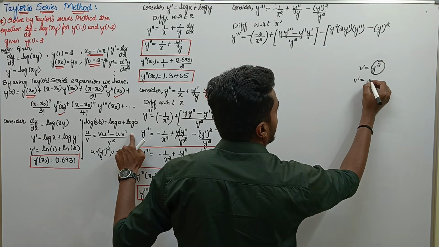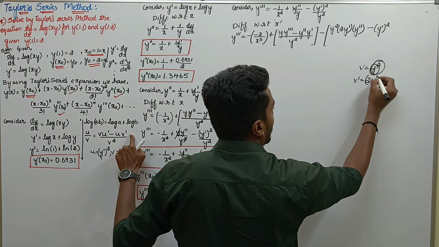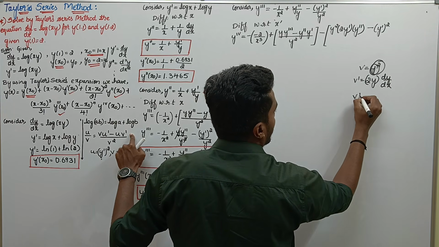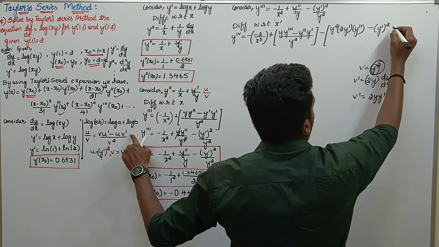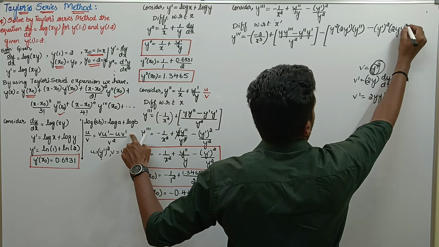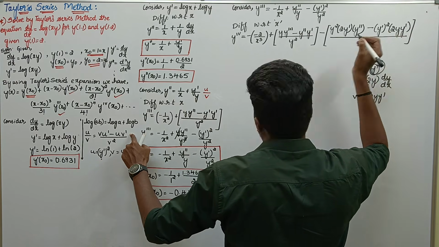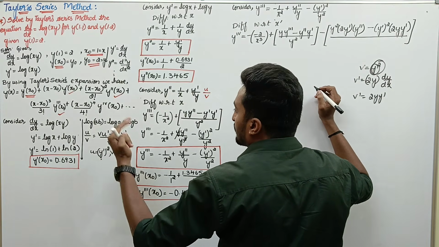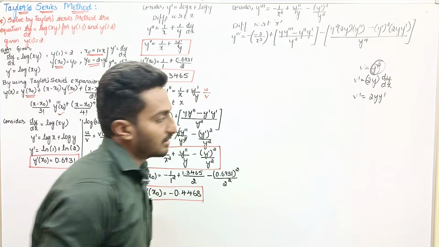Differentiation of y square is 2y. Got the point? Now differentiation of y is dy by dx, so you can represent it as 2y into y dash. Whole divided by v square. What is v? V is y square. V square becomes y to the power of 4.